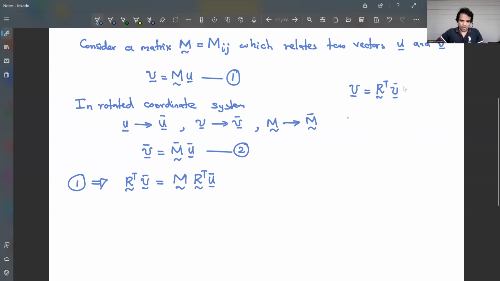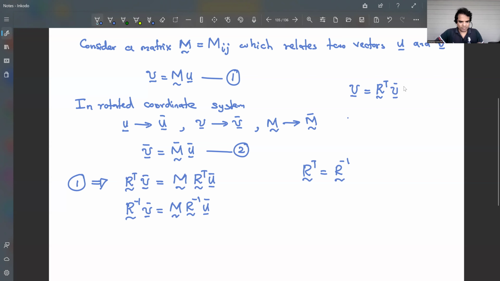Now I want to calculate V bar here, therefore I have to multiply by the inverse. You must remember this, don't forget. So actually the inverse is already there. I will write one more step: R inverse V bar equals M R inverse U bar. Already inverse is there. Now you have to multiply by R on both sides.